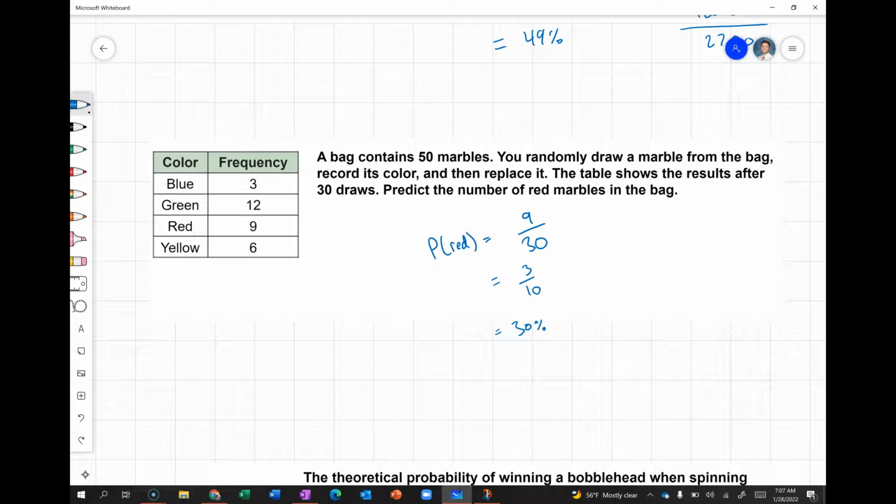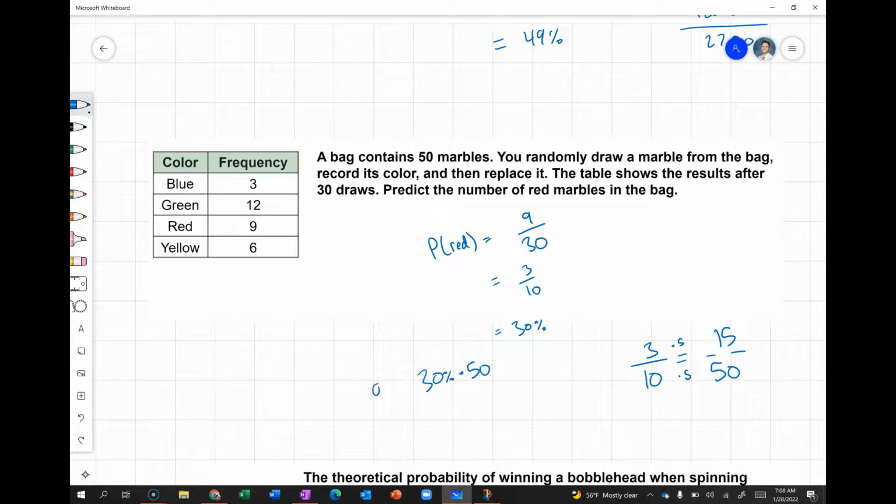It was 30% of the time we drew a red marble. And then we know there are actually 50 marbles, so we want to find 30% of 50, right? So 30% of 50, which you could do with our percent equation, or you could set up a proportion here. 3/10ths will be equal to how many red marbles out of 50, right? Solving that way, pretty quick here, we can see you'll have 15 red marbles.